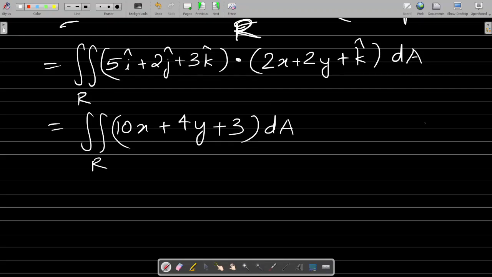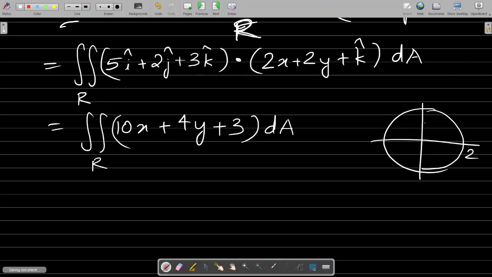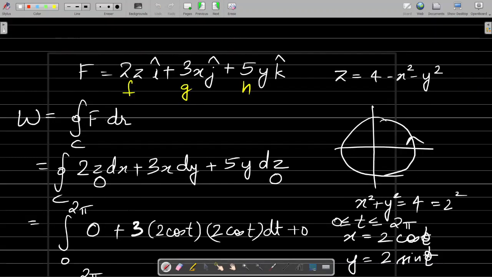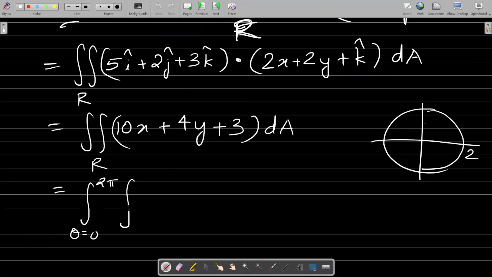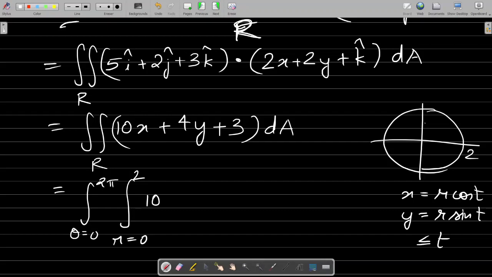Now let's take the projection. Projection is the circle with radius 2, x square plus y square equal to 4. So writing it down in polar coordinates, theta is equal to 0 to 2 pi. The projection is a circle with radius 2, so r equal to 0 to 2, with x equal to r cos theta, y equal to r sin theta, and theta varies between 0 to 2 pi.